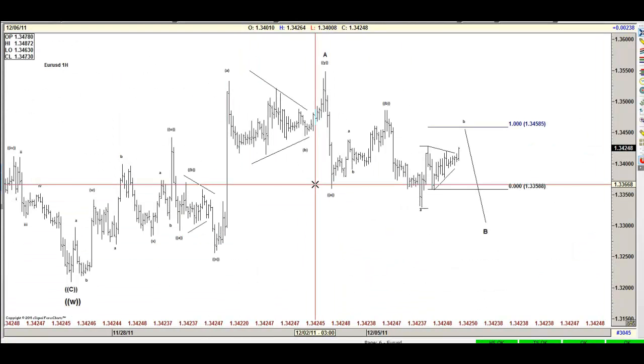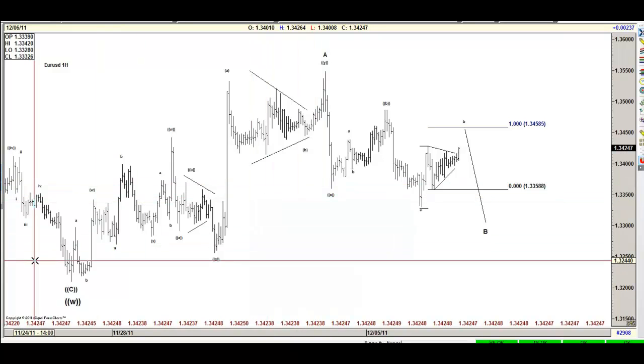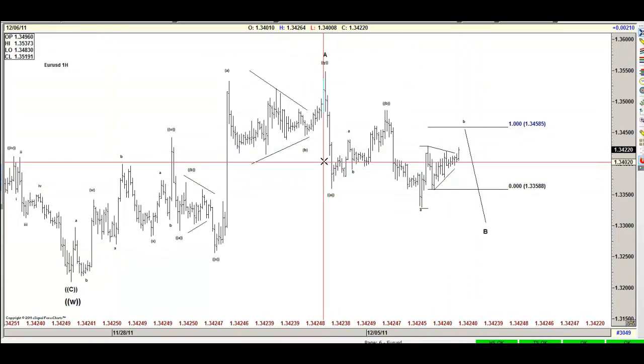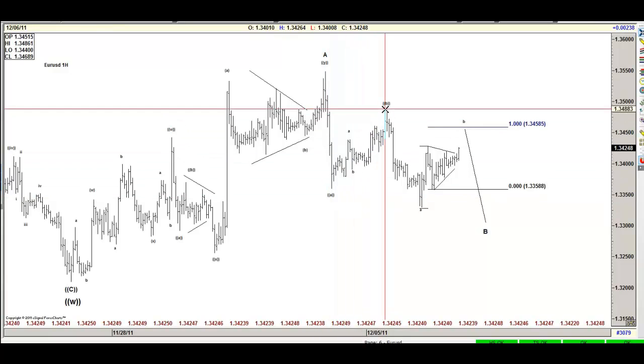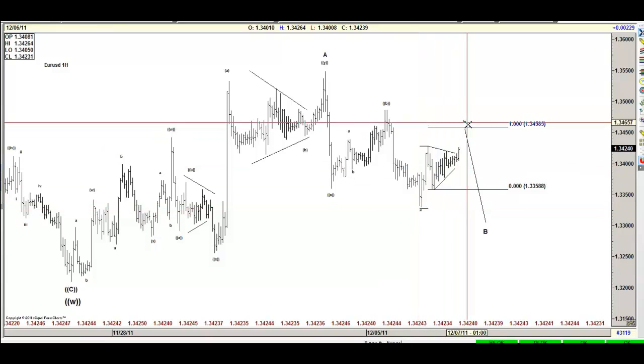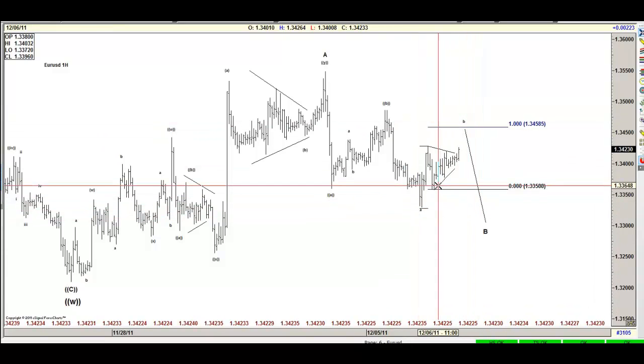Okay, on the individual pairs, let's start with the euro dollar. The euro dollar, guys, as you see, we are presenting 3 scenarios. I believe one of the scenarios is being invalidated already, so let's move on with the next 2 scenarios. The next 2 scenarios are calling for the scenario that we have been playing since last night, when we have 3 waves here, 3 backs, and then we're looking for A, B, and C. And that scenario is in place.